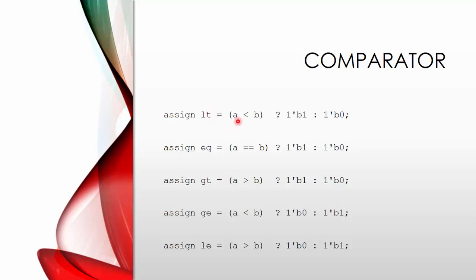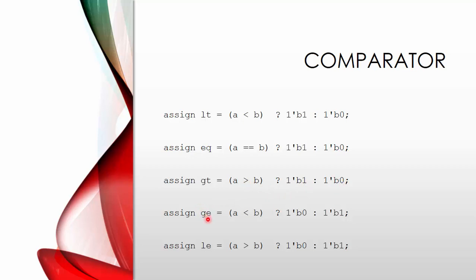So let's say it's true that A is less than B, then a 1 will be given to LT. Otherwise, if this is false, it is given a 0. Similar goes to EQ and GT. For EQ, when A equal to B, we give a 1 to it, otherwise it's 0. For GT, when A is greater than B, we give a 1 to it, otherwise 0.